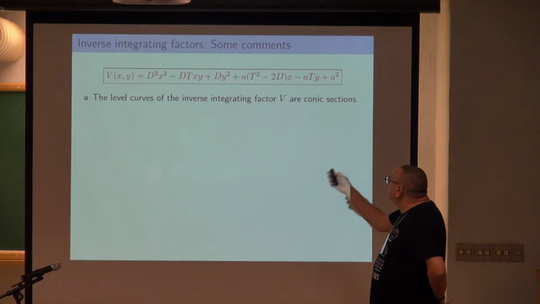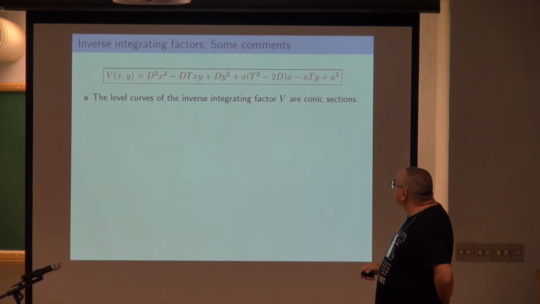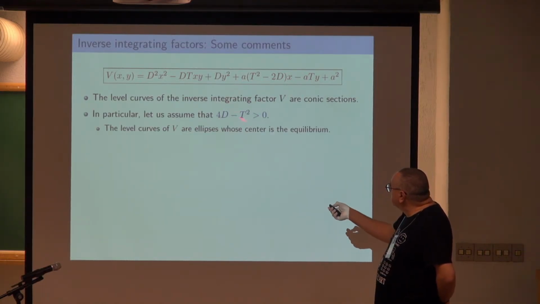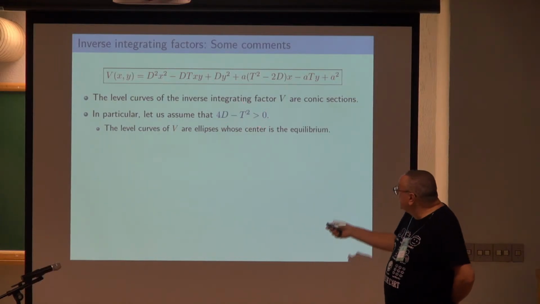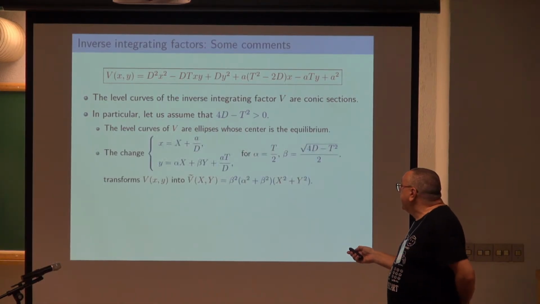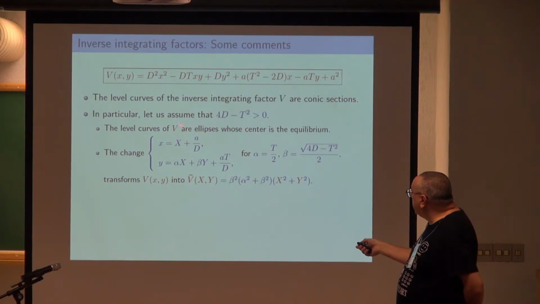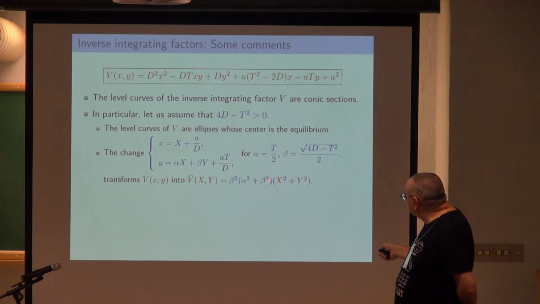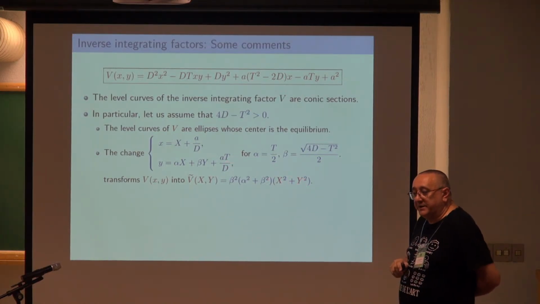As I told you before, the level curves of this inverse integrating factor are conic sections. And this is an interesting case because it's the case where the system has a focus or a center, and in this case the level curves are ellipses whose center is this equilibrium. This is important. This change transforms the inverse integrating factor into this expression, which is just x squared plus y squared.